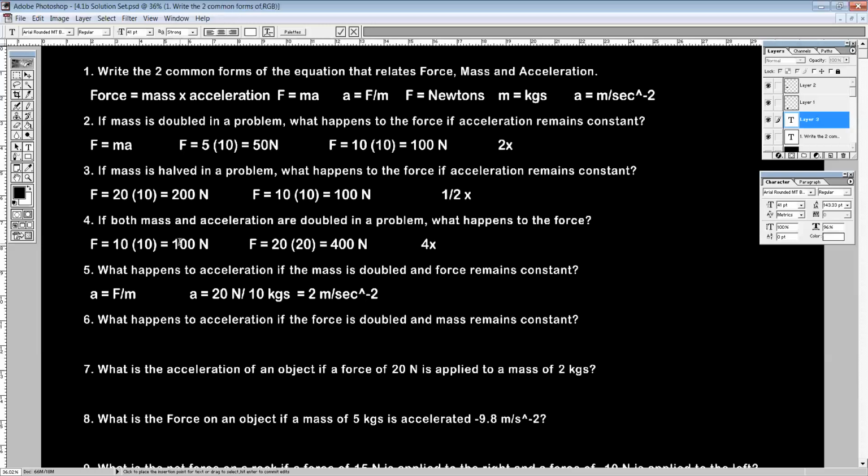Now we're going to set up a new problem where the mass is doubled. So we have 20 newtons again. We're dividing that now by 20 kilograms. And so our new result is, we've doubled our mass, so our new result is 1 meter per second squared.